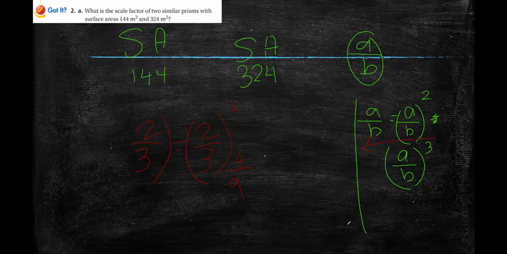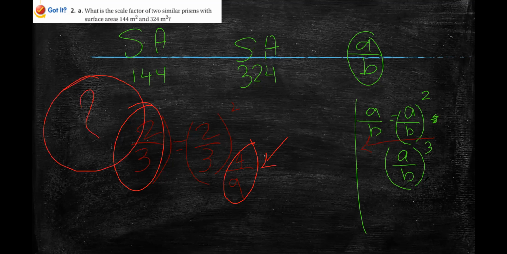So I give you the scale factor, you square it, and you write the ratio of the areas. If you cube it, you write the ratio of volumes. But here I will give you the ratio of the surface areas, and I ask you to find the scale factor. How do I solve this one?